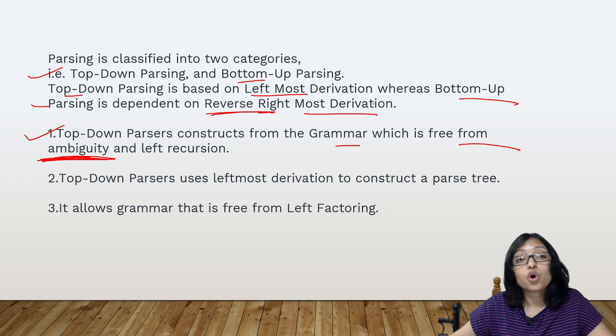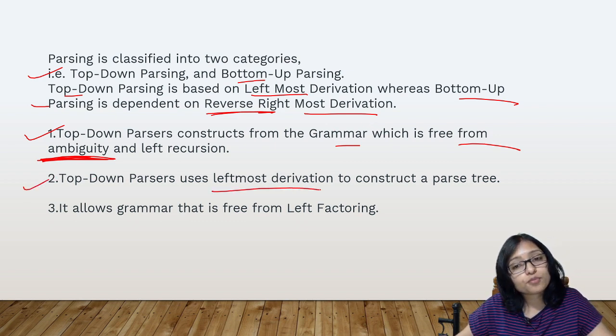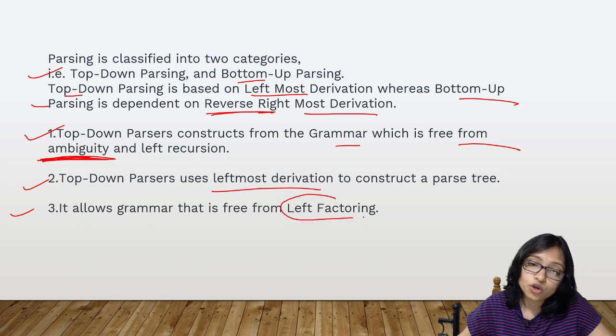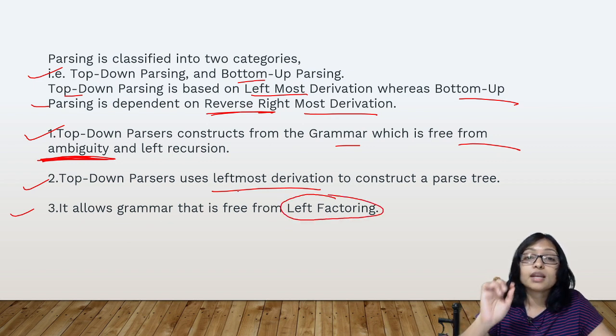Remember this also: top-down parsing cannot work on ambiguous grammar. It has to be free from ambiguity. And the top-down parser always constructs the leftmost derivation, and it also requires the grammar to be free from left factoring. MCQ questions are coming from here.